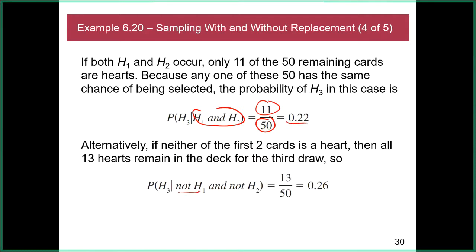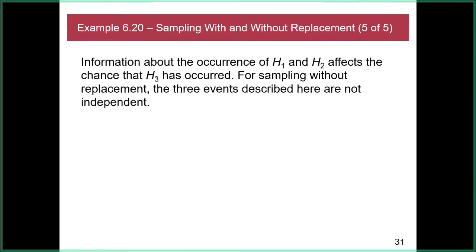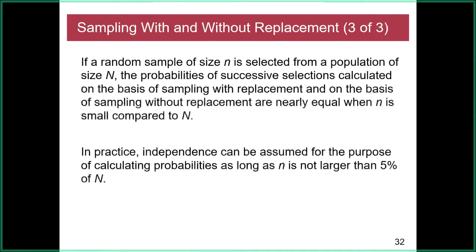If both H1 and H2 did not occur, in other words, neither one of those first 2 cards were hearts, then there's still 13 hearts in a deck of only 50. The probability changes to 0.26. So you can see the probability can change drastically depending on the results of the first 2 cards. So that is the importance of replacement and not replacement.